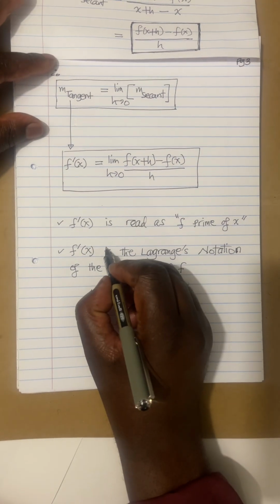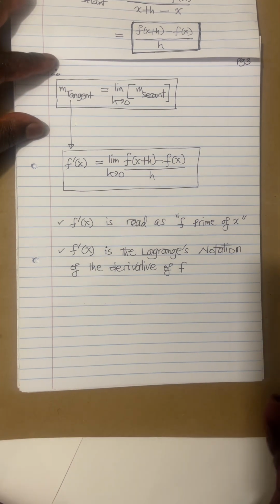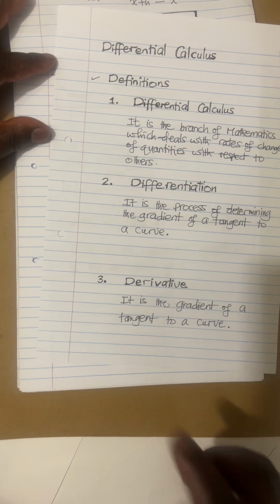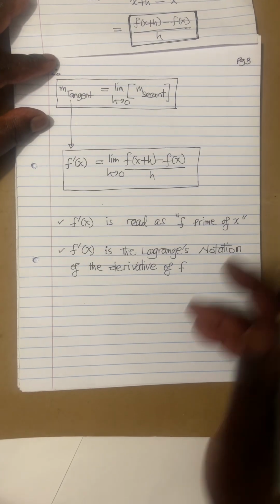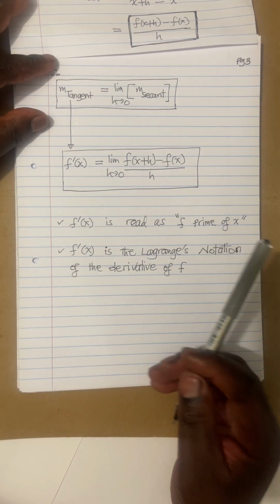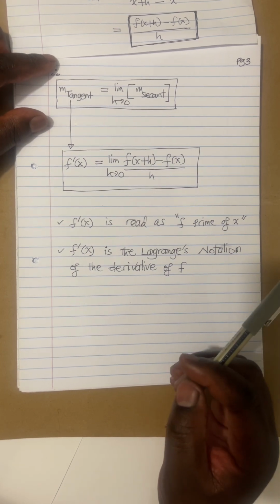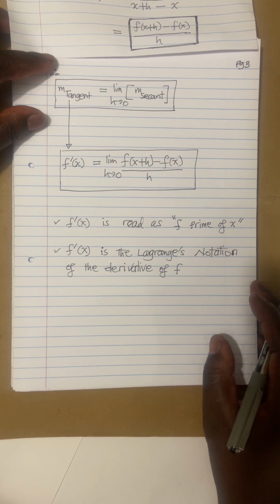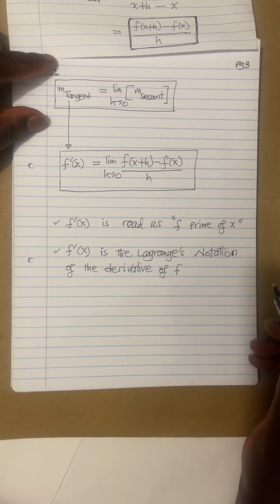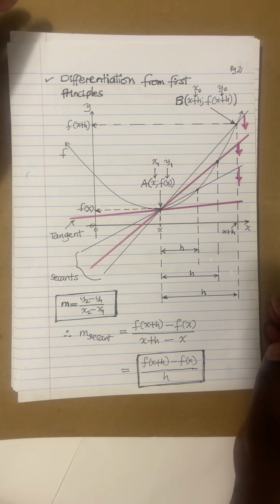But notice something here: what is the derivative? We said the derivative is the gradient of a tangent to a curve. And we have different notations. We have Newton's notation, we have Leibniz notation. We'll be looking at those notations when we start looking at rules of differentiation. But in this case, we're focusing on differentiation from first principles, so we use Lagrange's notation.